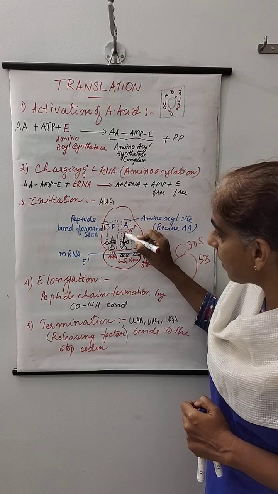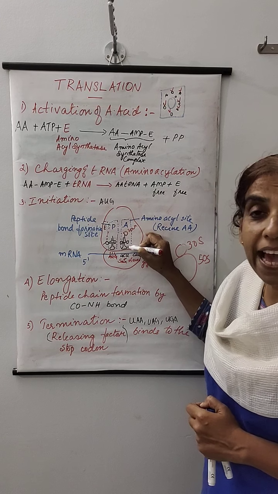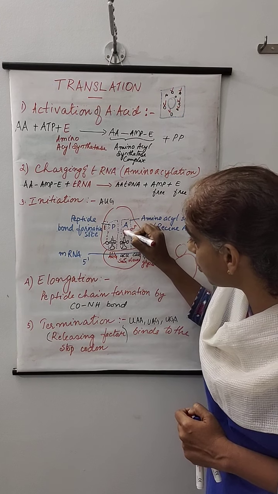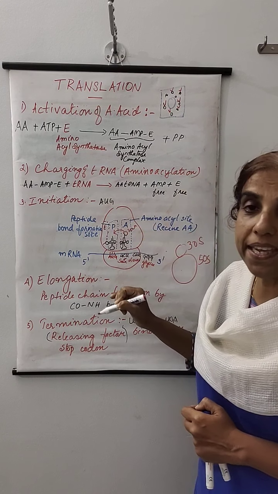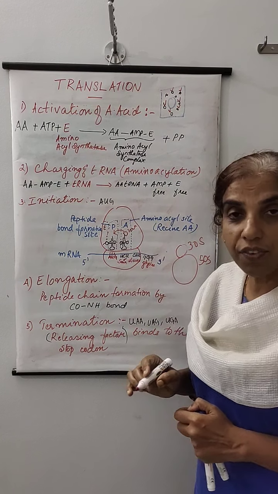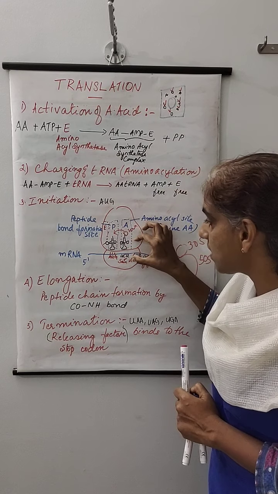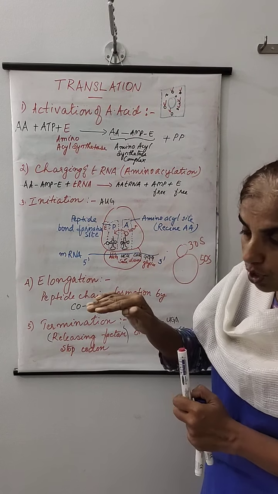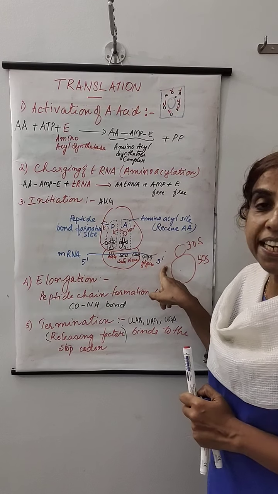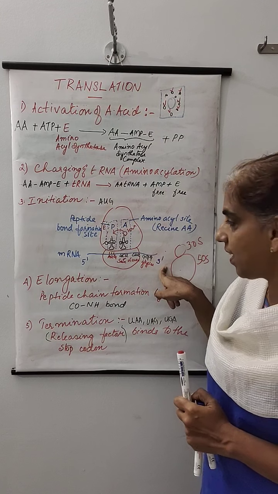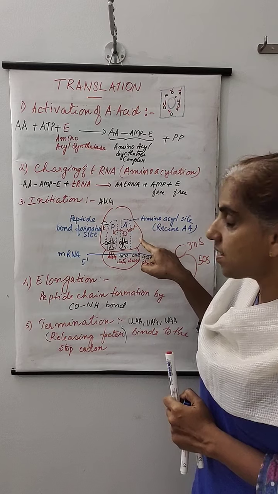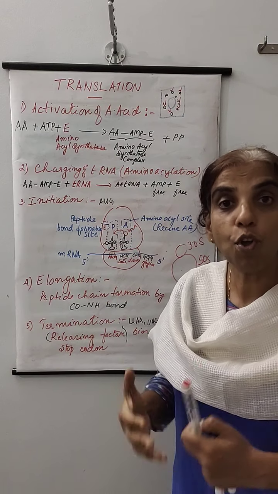Slowly this serine-carrying transfer RNA will shift from A to P. So how does this shifting from A to P take place? Slowly the ribosome moves, proceeding towards the 3' end of the messenger RNA. And now this site is free, open.